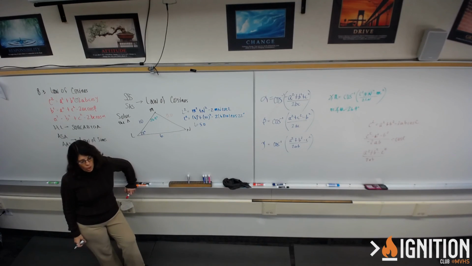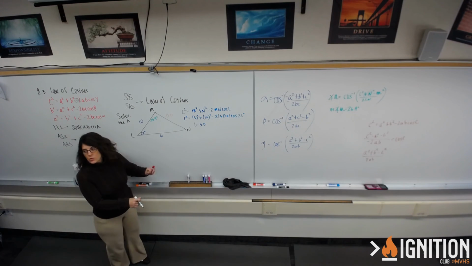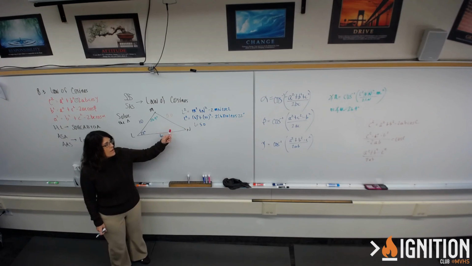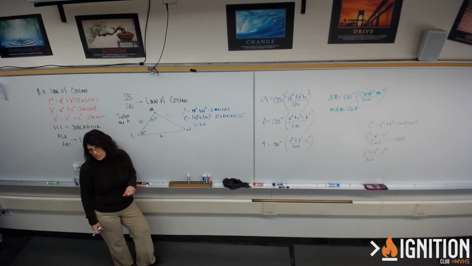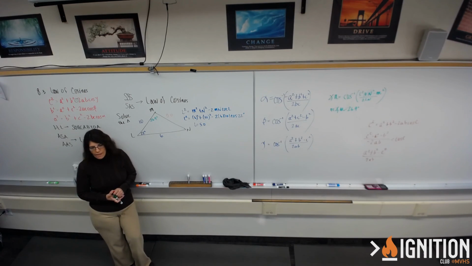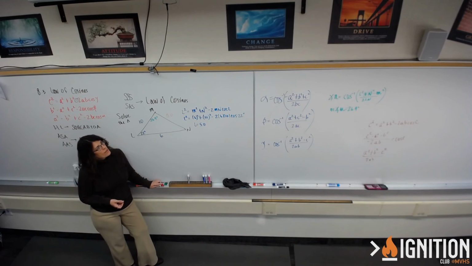Absolutely. Be cautious. I would do another law of cosines, because if your 26.9 is incorrect, then your n is going to be incorrect. Just to make sure. It's a good check.